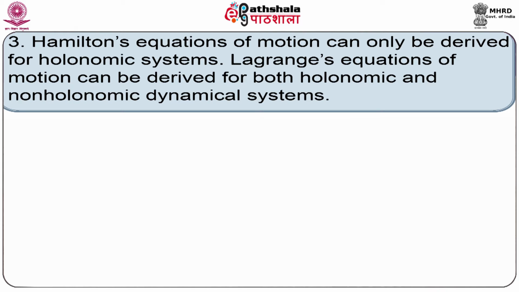Hamilton's equations of motion can only be derived for holonomic dynamical systems, whereas Lagrange's equations of motion can be derived for holonomic as well as non-holonomic dynamical systems.